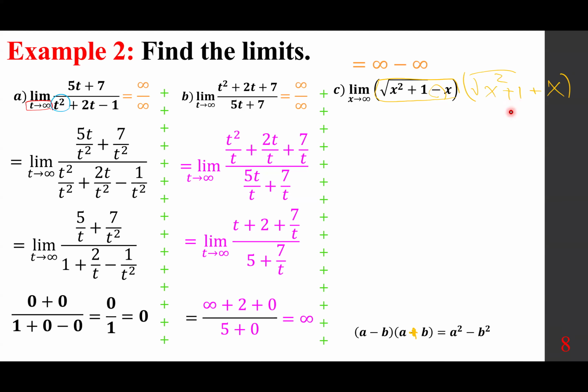You multiply these two. This is a minus b times a plus b. It's a squared minus b squared in the numerator. The denominator is just that. The numerator becomes x squared plus 1 minus x squared, and these cancel each other.